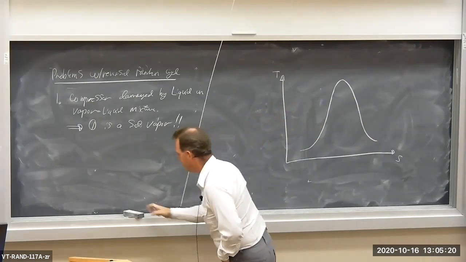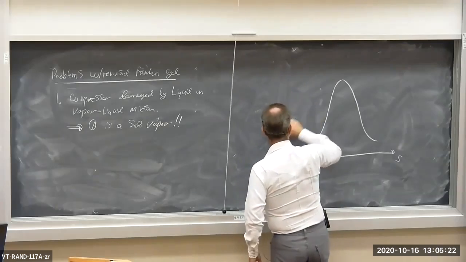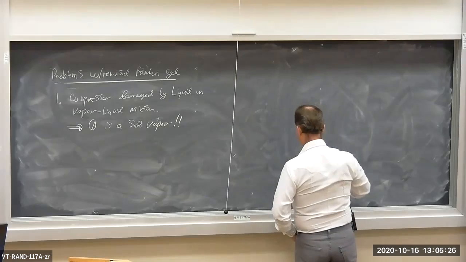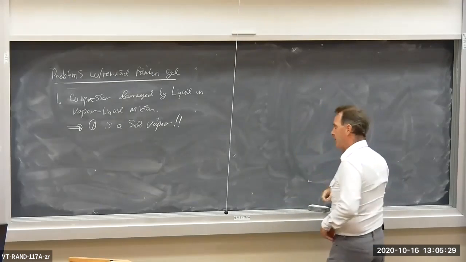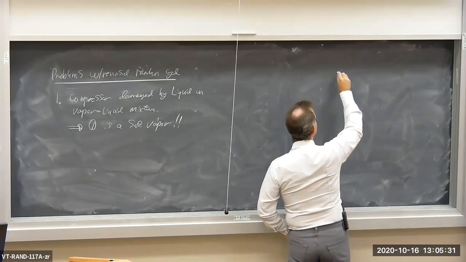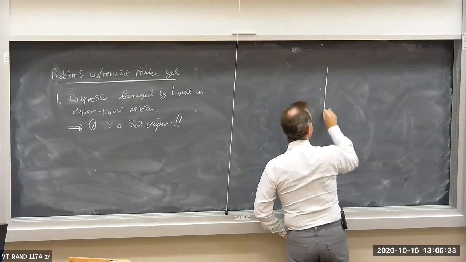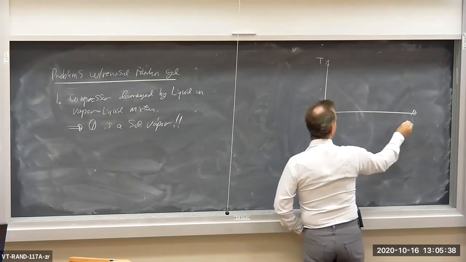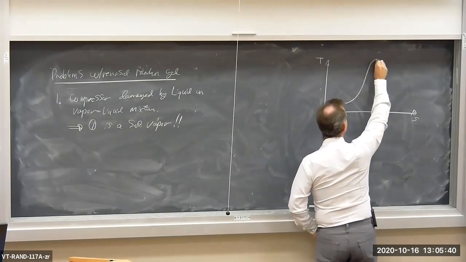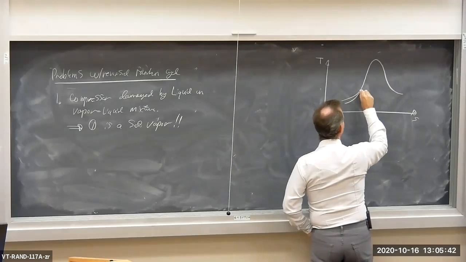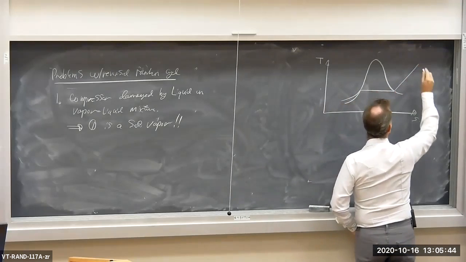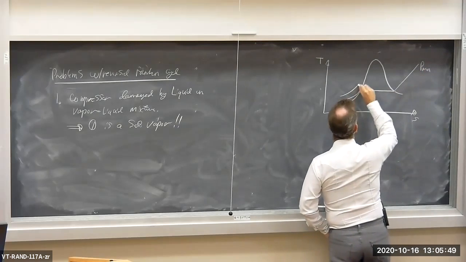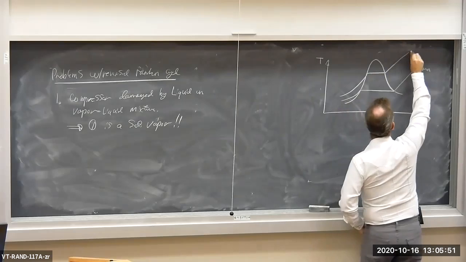In fact, I'm going to draw the device and the TS diagram for our new ideal refrigeration cycle. So we have the TS diagram over here. Here's the dome. Here's our evaporator pressure, or P min. And here's our condenser pressure, P max.